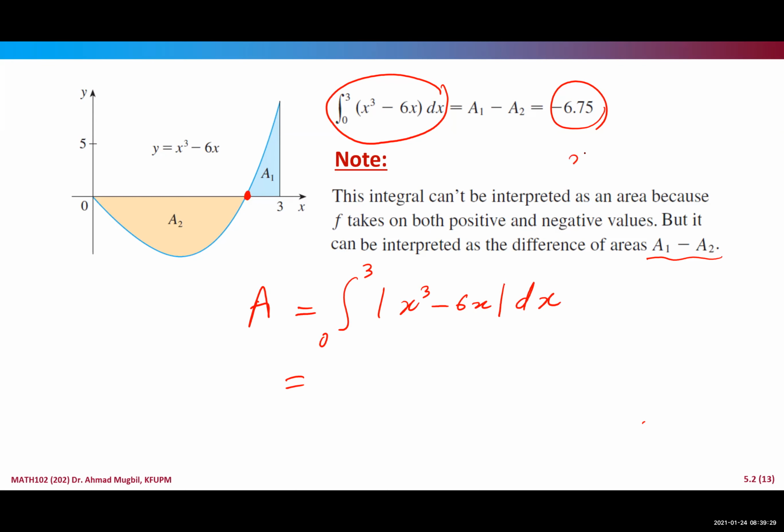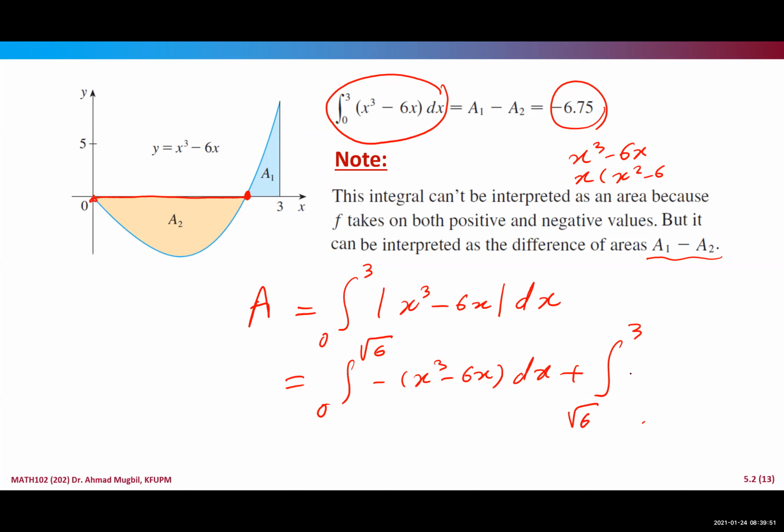I think it is x cubed minus 6x. It will be x squared minus 6, so it is the square root of 6. So it will be the integral from 0 to the square root of 6 of negative (x cubed minus 6x). Why negative? Because the function here is negative. Plus the integral from square root of 6 to 3 of x cubed minus 6x.